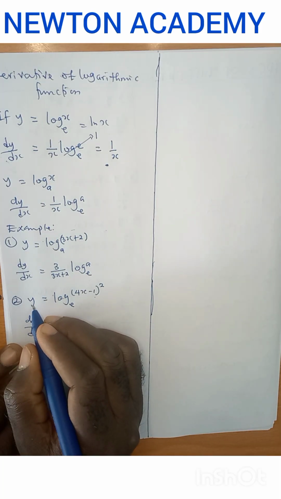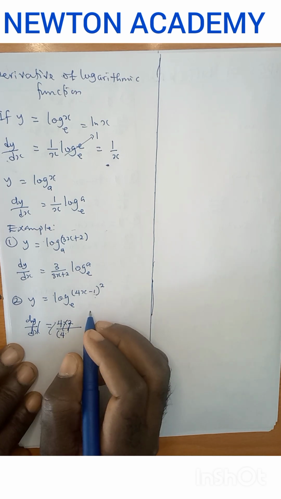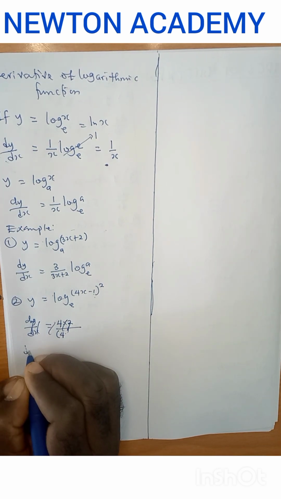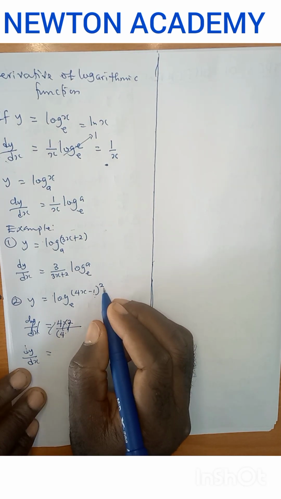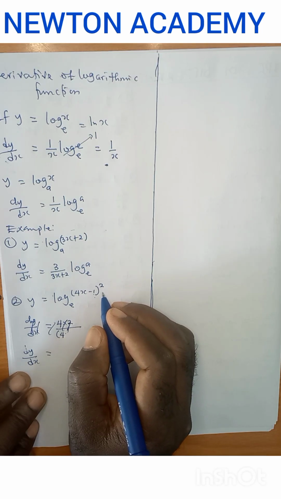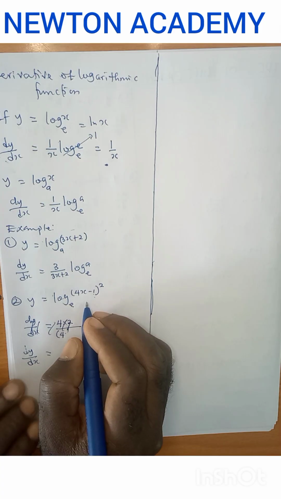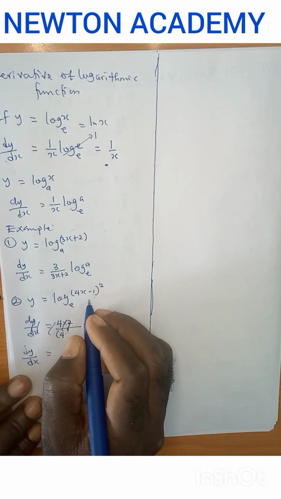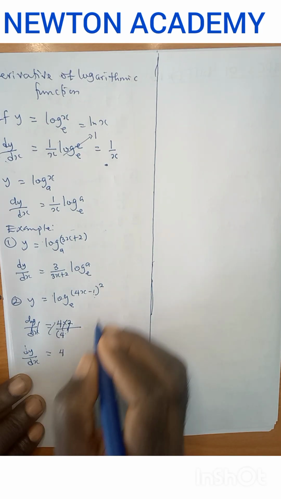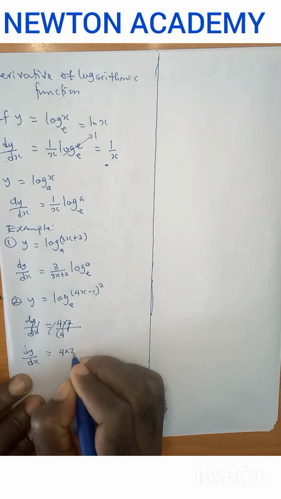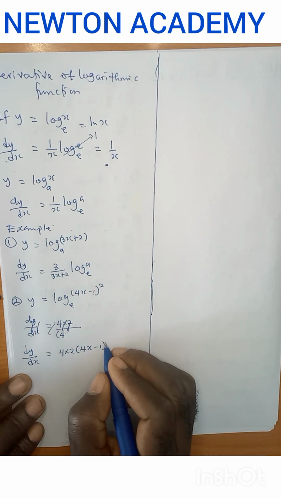Now, we are given this function y is equal to log 4x minus 1 raised to power 2 base e. How do we differentiate this one? To differentiate this one, dy/dx is equal to, now this 4x minus 1 raised to power 2 is a problem using function of a function to differentiate. We have treated this one in section 2. We differentiate 4x minus 1, which is 4. We bring it out. Then we use this power to multiply it, which is 2. Then we rewrite the function, 4x minus 1, and subtract 1 from the power, so it is raised to power 1.